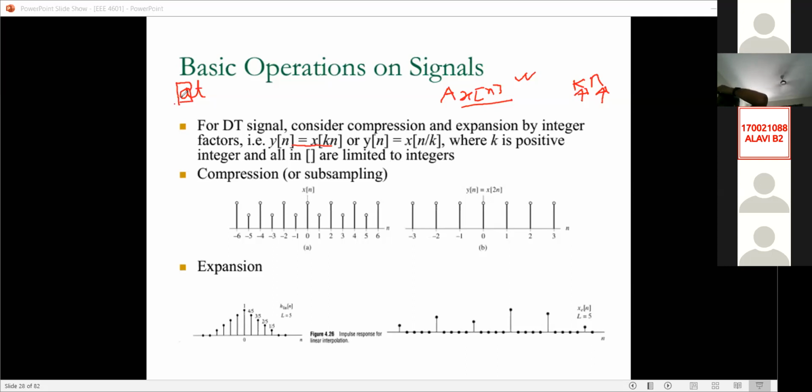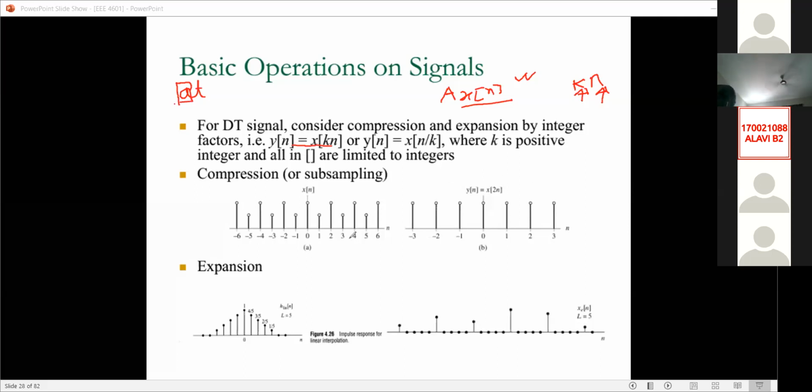Whenever we obtain a signal y[n] equal to x[kn], the values of y will appear at the output at integer values of n.